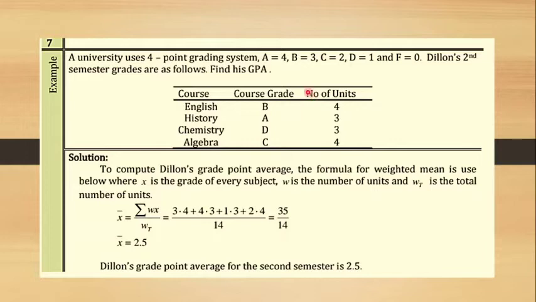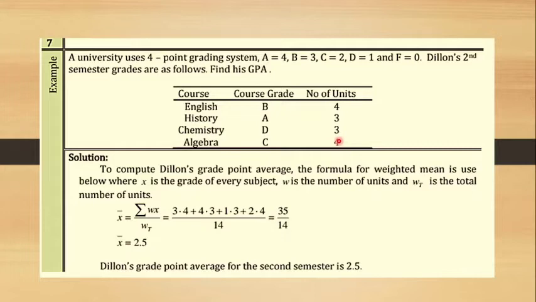And algebra, the course grade is C, and the number of units is 4. To compute Dillon's grade point average, the formula for weighted mean is used below, where x is the grade of every subject, w is the number of units, and w sub t is the total number of units.